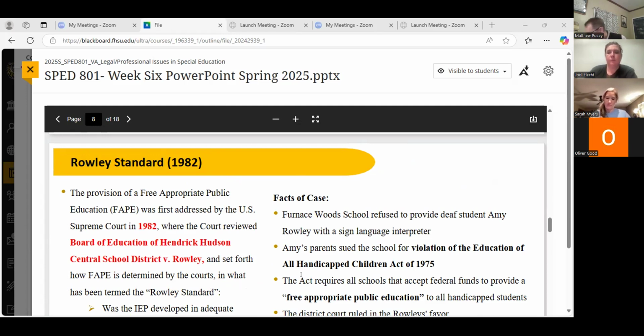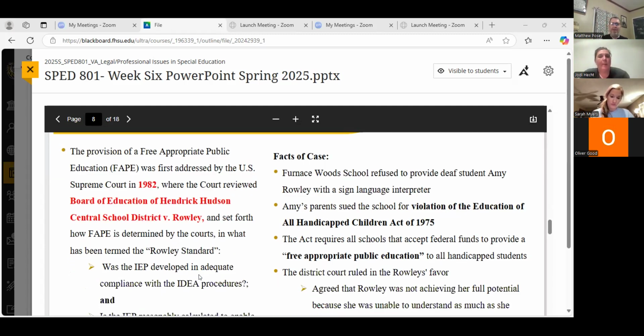We're looking at what we call the Rowley standard. Back in 1982, it was a popular case, all dealing with FAPE, the provision of a free and appropriate public education. It was first addressed by the Supreme Court in 1982, in Board of Education of Hendrick Hudson Central School District versus Rowley, which set forth how FAPE is determined by the courts.